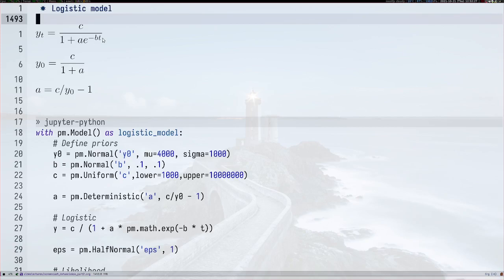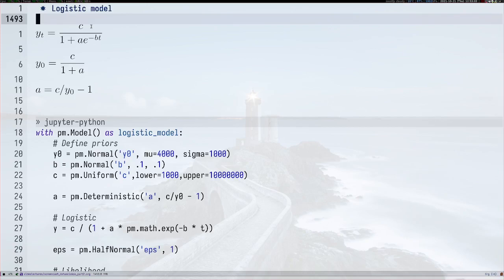The thing to observe is that when t goes to infinity, this term basically goes to 0 for b positive, which means that at some point the number of cases y will plateau at this number c. So we cannot get above the number c in terms of the number of cases. In terms of modeling an epidemic, that might actually be a good idea, because we know that the number of cases cannot go beyond the population size.